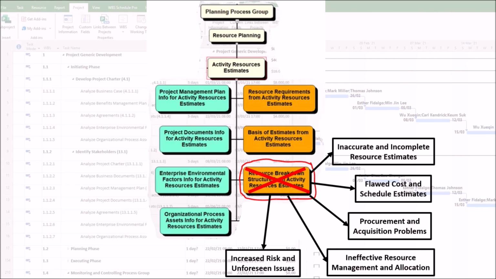Second, lack of contingency planning. A detailed resource breakdown structure helps identify risks related to scarce or specialized resources. A poor resource breakdown structure masks these risks, so you cannot plan contingencies, such as cross-training or vendor backup plans.